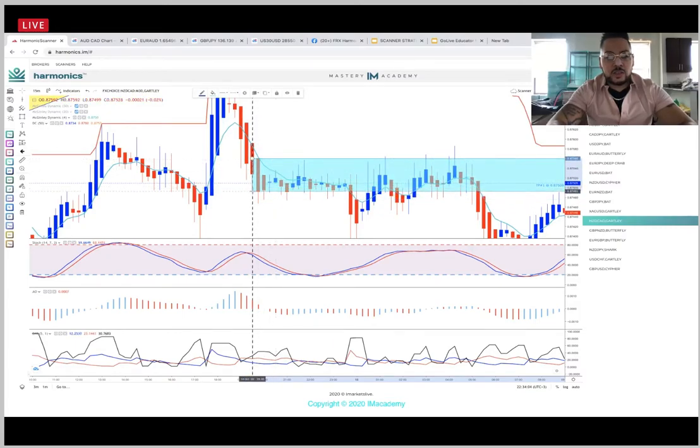We take that entry candle. So this was the confirmation candle where everything lined up. Remember, you do not enter the trade on the confirmation candle. That confirmation candle is what tells you, this is where I want to enter. The confirmation candle must close. When the confirmation candle closes, you get to enter the market on the entry candle.